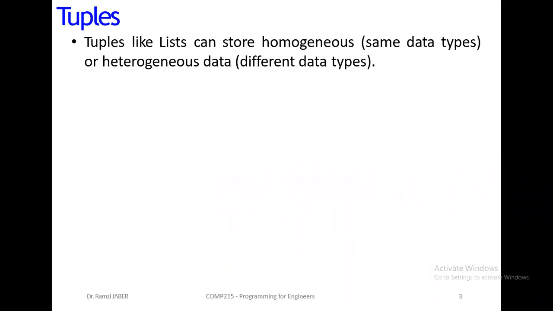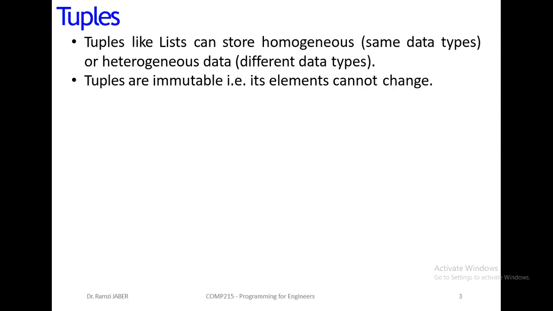So, tuples. What are tuples? In sequences, we have lists and tuples. Tuples, similar to lists, can store homogeneous or heterogeneous data. But tuples are immutable, meaning that the elements cannot be changed.